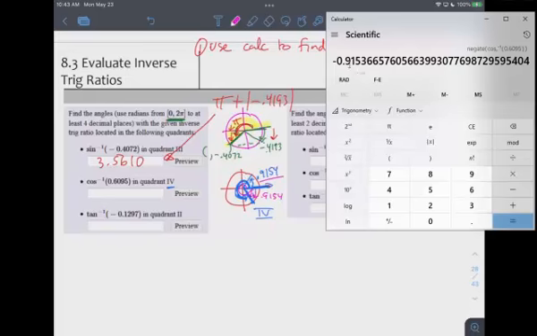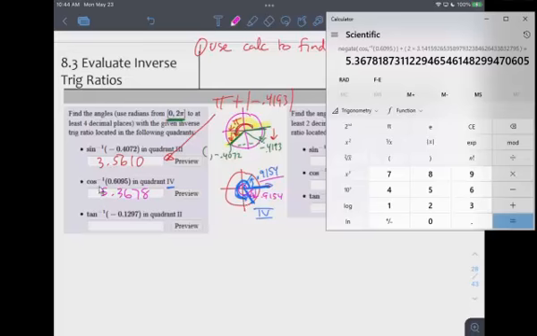So I take all of this and add that to 2 pi, so 2 times pi, close that off and hit equals, and I get my answer of 5.3678. And so this is my radian measure that has that same cosine value. It's not what the calculator is going to show me, because the calculator only wants to show me quadrant 1 and 2. So if I want to find it in quadrant 4, I need to use this visual process.